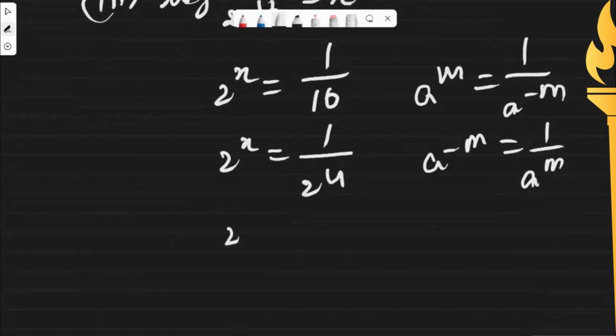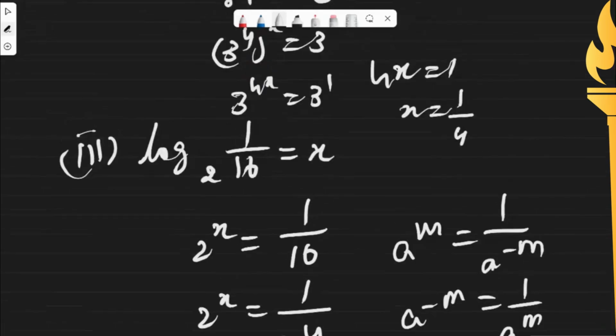Therefore 1 by 2 power 4 will be equal to 2 power minus 4. So bases are equal, equate powers, x equal to minus 4. So log 1 by 16 base 2 is minus 4.